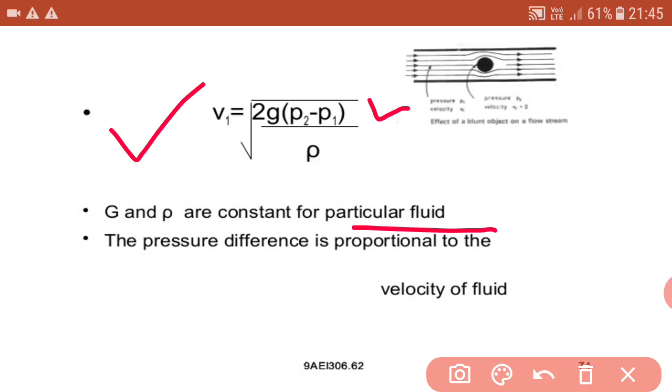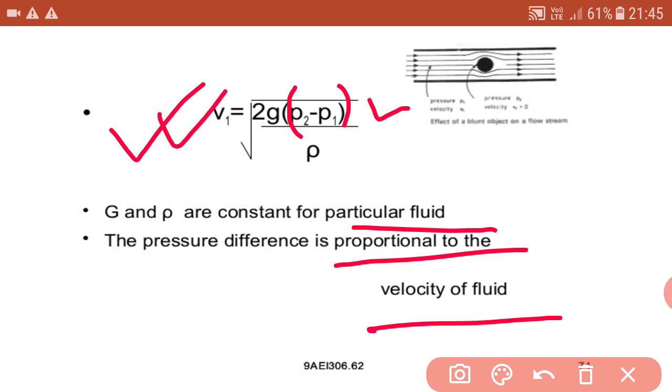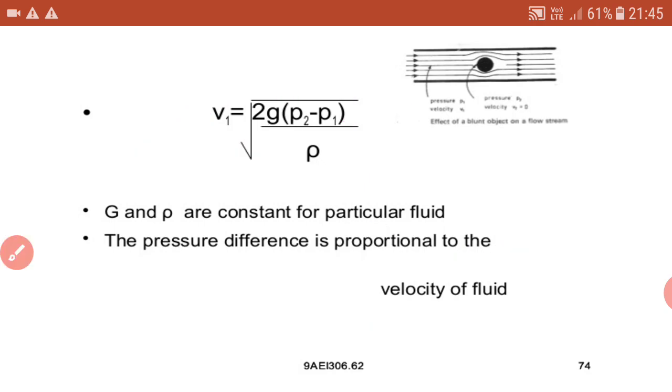The pressure difference is proportional to the velocity of the fluid. So this pressure difference P2 minus P1 is directly proportional to the velocity V1, because rho and g both are constant. So P2 minus P1 is directly proportional to velocity V1.